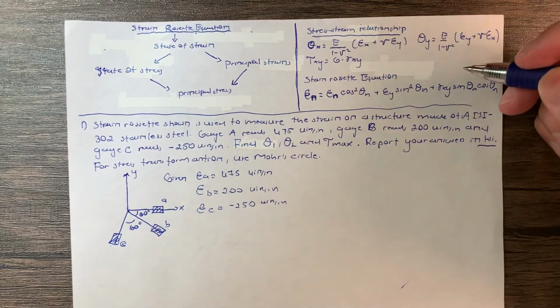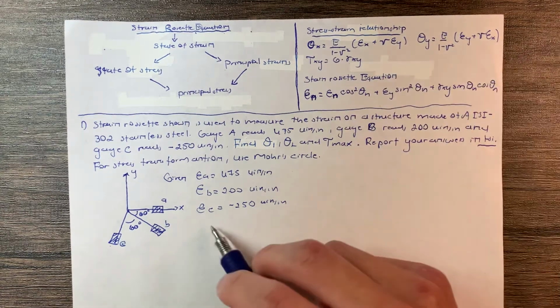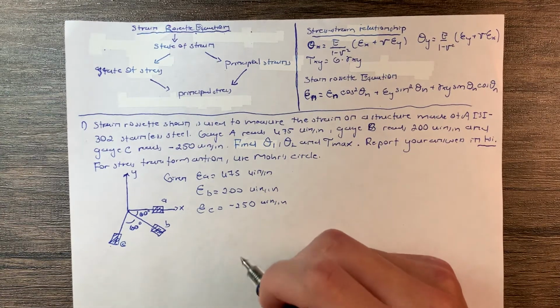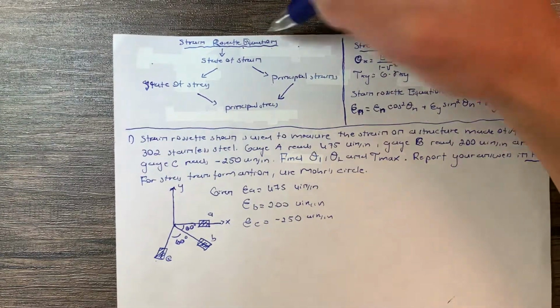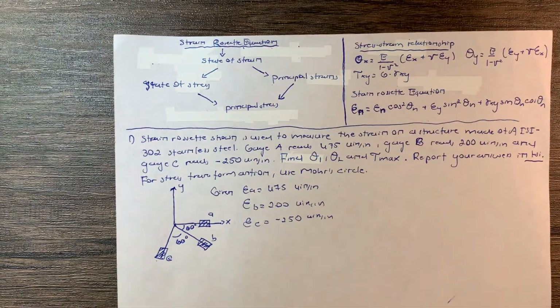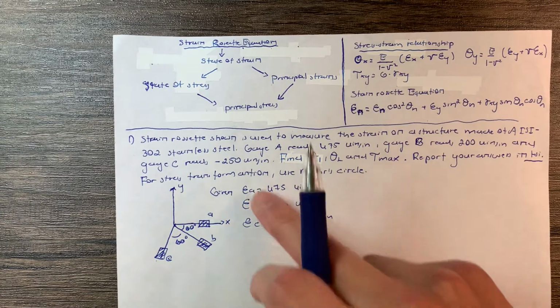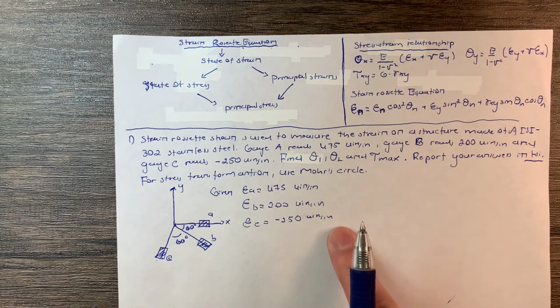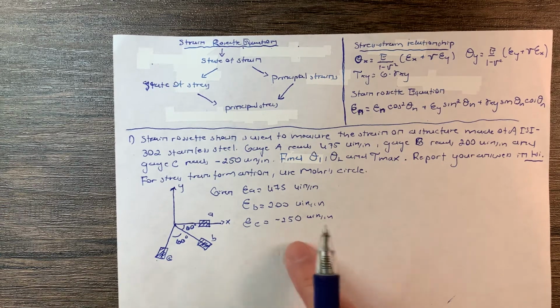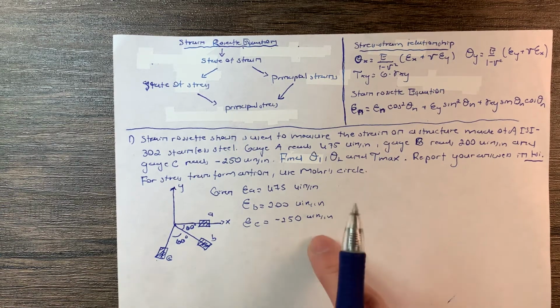In order to get from the strain gauge to principal stress, let's refer to this diagram right here. From these strain gauges, we can find out, using the relationship, the state of strain.